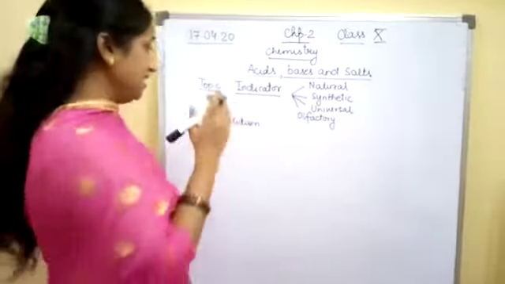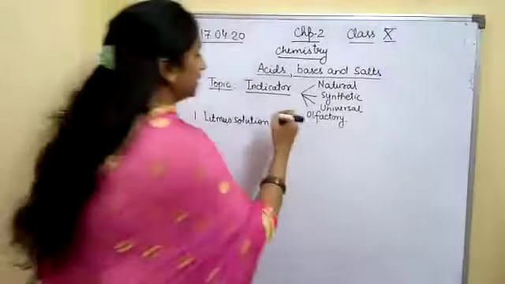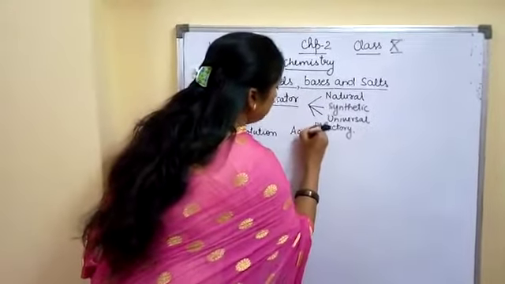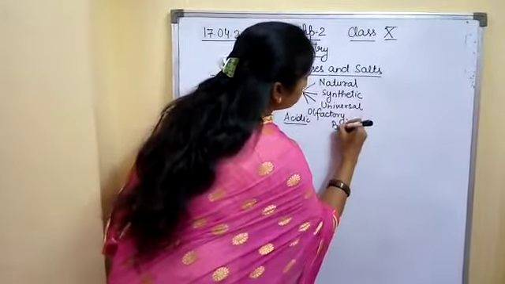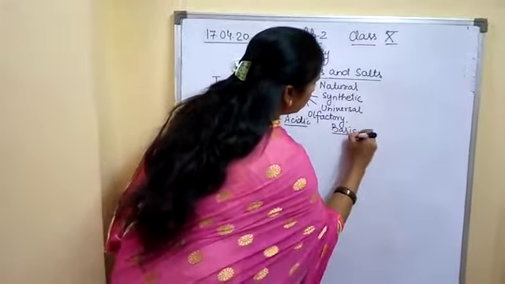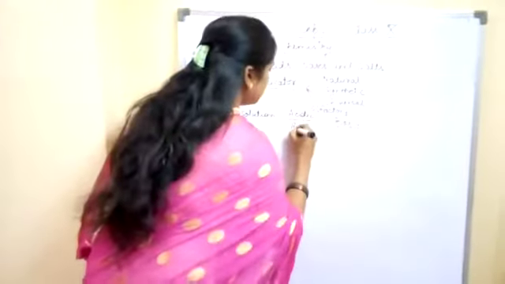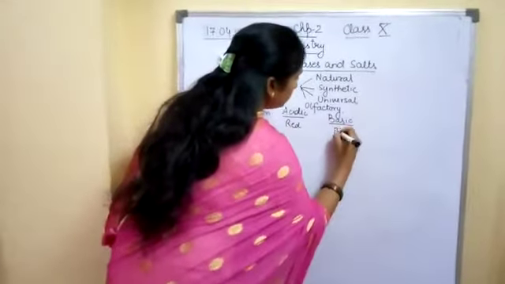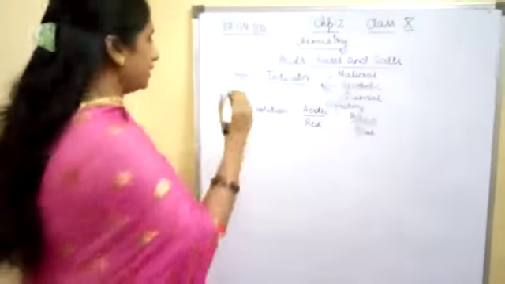In a neutral solution, it remains purple. If I draw a table, acidic solution and basic solution, how does the color change? Litmus solution changes from red to blue. In basic it shows blue color, in acidic solution it shows red color.